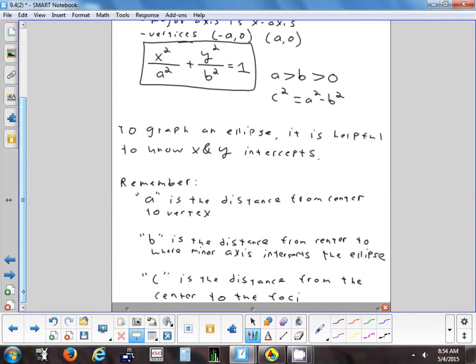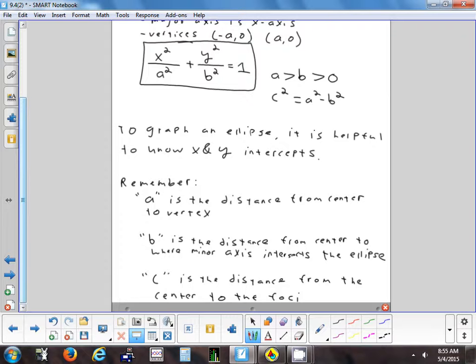So here are the three important facts to know about A, B, and C. A is the distance from the center to the vertex. B is the distance from the center to where the minor axis intersects the ellipse. Helpful if you're trying to make a sketch.